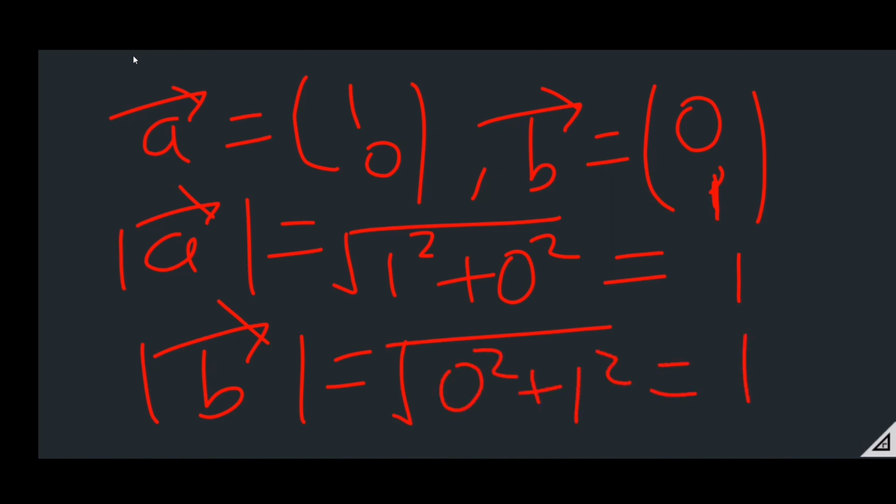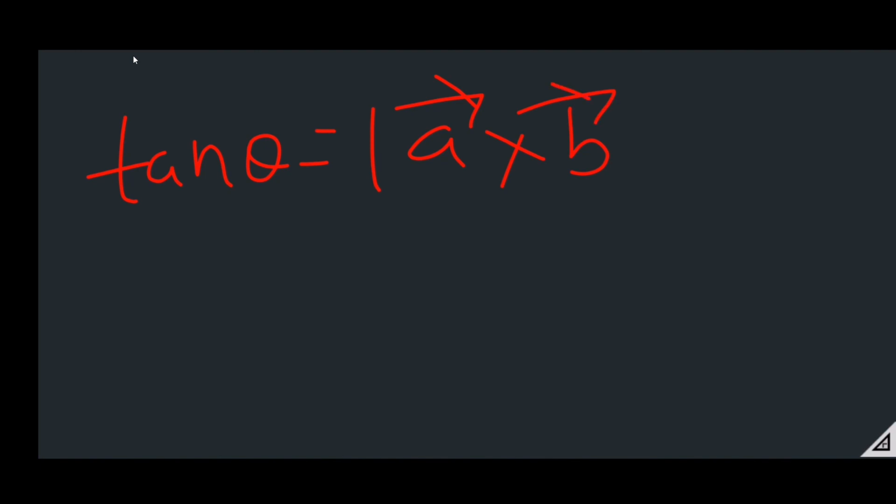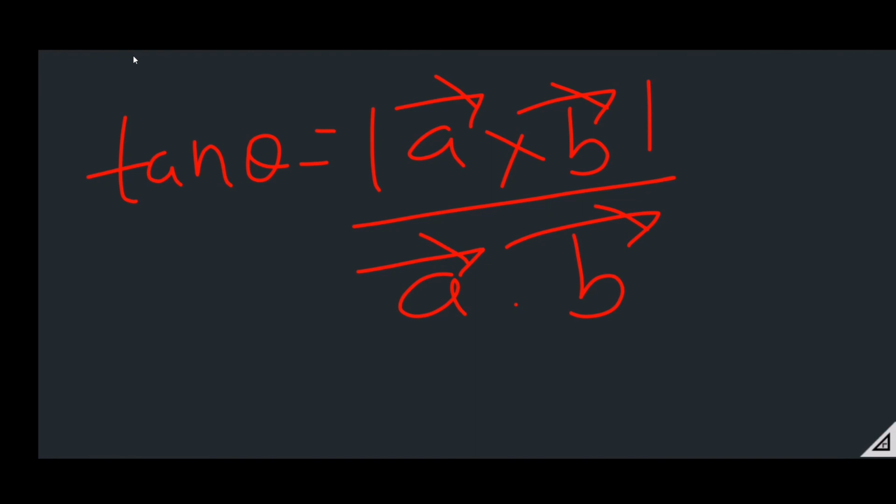Then we can use any of those formulas. Let's use the third formula here: tan theta equals modulus of a vector into b vector upon a vector dot b vector. By using this formula, first you need to calculate modulus of a vector into b vector, then calculate a vector dot b vector, and then the value of theta will be obtained.